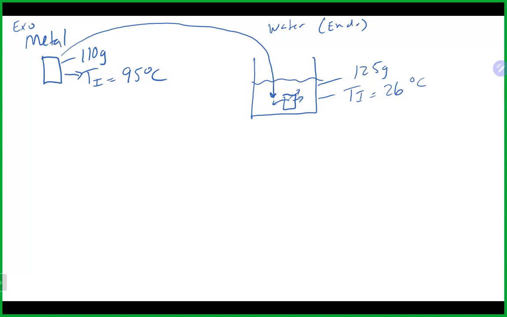Now, let's say that the final temperature of our water ended up at 29 degrees Celsius, right? It gained temperature, it went higher because it's gaining energy. What I will also know is that the piece of metal is now sitting in that water that's 29 degrees Celsius. What will be the final temperature of the metal in this case?